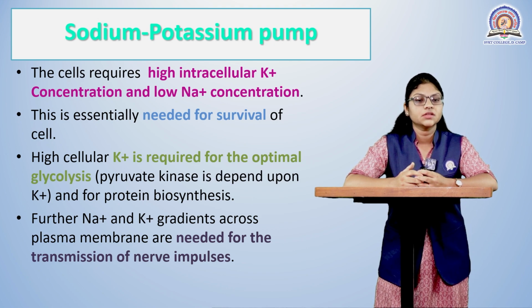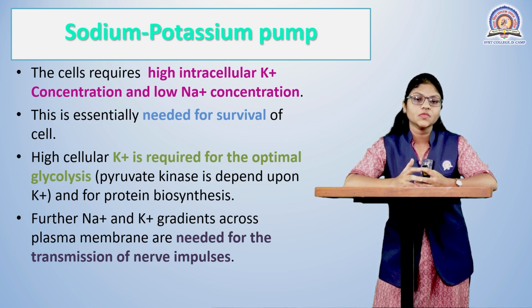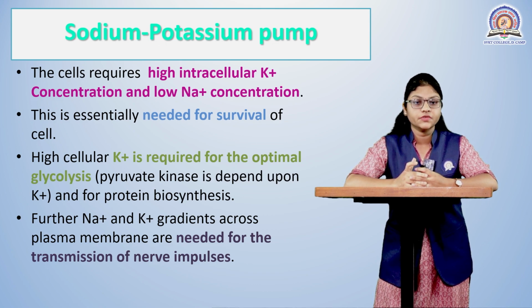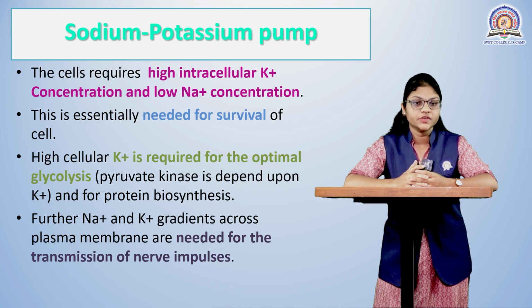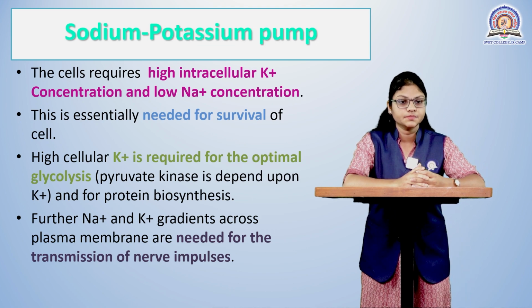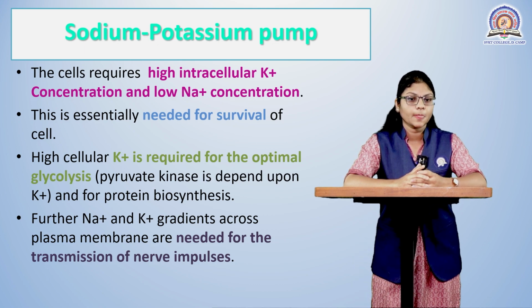Glycolysis means the breaking down of complex sugar into simple sugar so that the cell can use it. For this process, pyruvate kinase is one of the important enzymes required, which depends upon the potassium concentration. Also, potassium is required for protein biosynthesis.